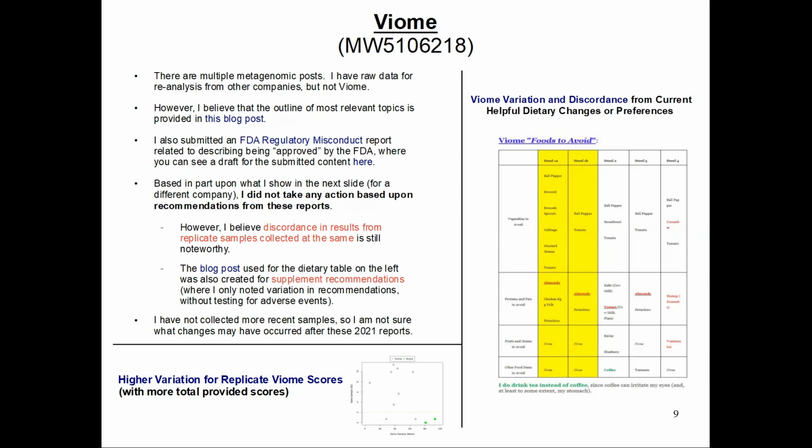I think there are at least some other examples where people might want to do something cautious like myself. Another example is yogurt. I think that helps with my digestion, and I'm not going to stop taking yogurt because it told me to. To be fair, it told me that I should avoid drinking coffee, and this is something that I found to be important. I drink tea instead of coffee usually, and I think coffee can irritate my eyes and maybe to some extent affect my digestive system.